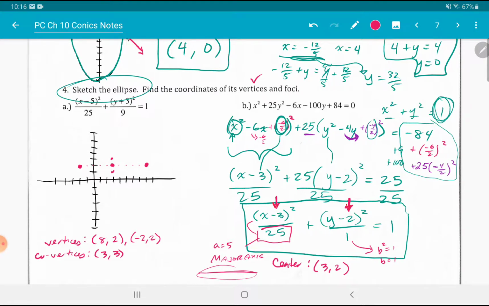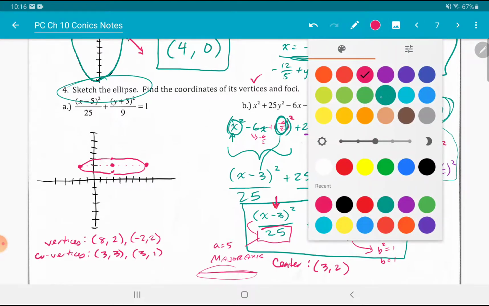Our y unit moves up 1, and it also goes down 1, so (3, 1) is the other co-vertex. From there, I can go ahead and sketch my ellipse. Ooh, that is an ugly ellipse. All right, now we're going to find the foci.